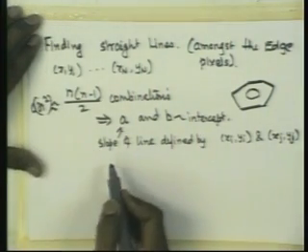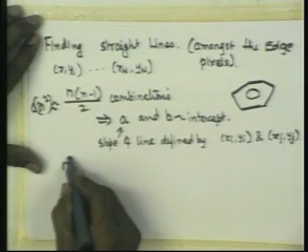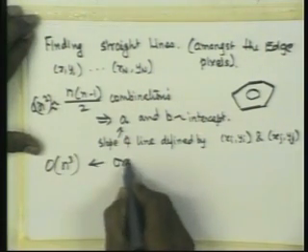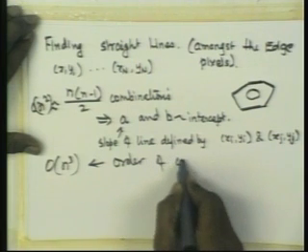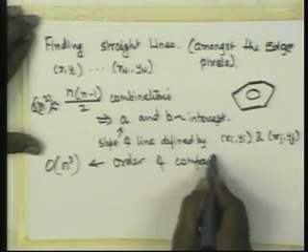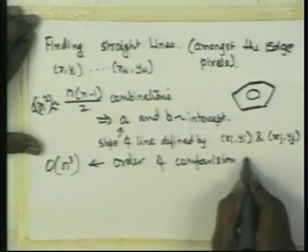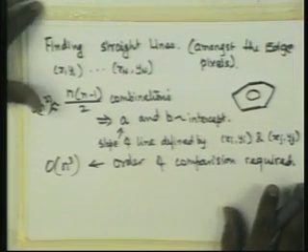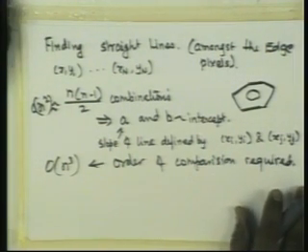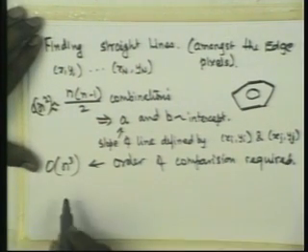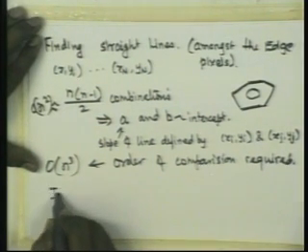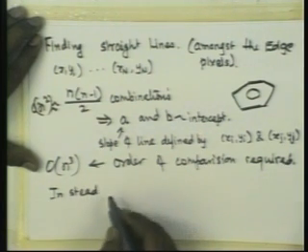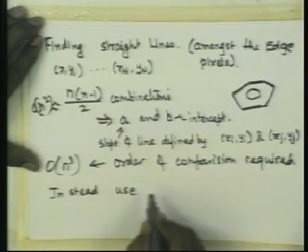If I do the comparisons with all other points, then it becomes n cubed order of comparisons or evaluations required. Now, this number tends to be pretty large. So what one can use instead is a technique developed by Hough, called the Hough transform.